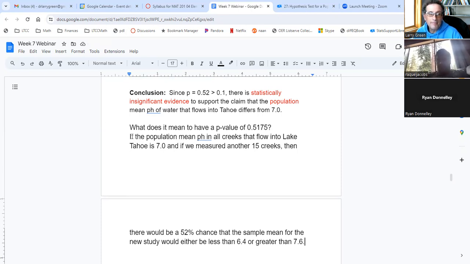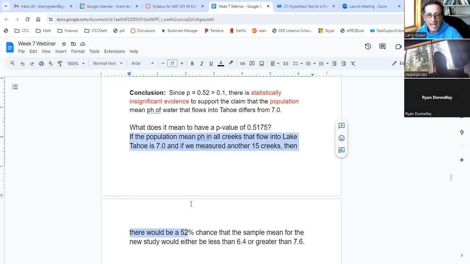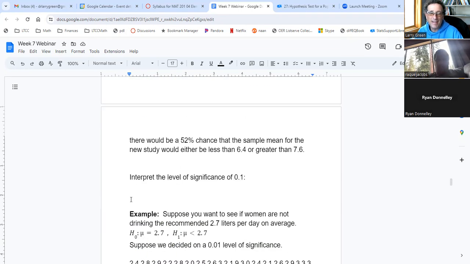Okay. I'm going to highlight all the way up to the word A. I'm going to copy it, and we're going to interpret the level of significance. The reason is I can just paste it.